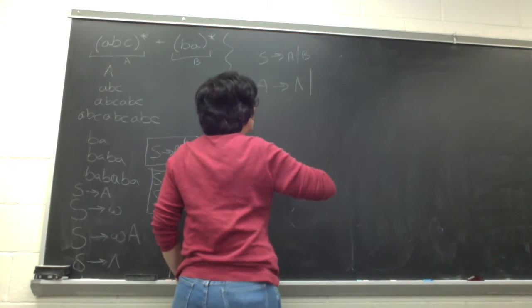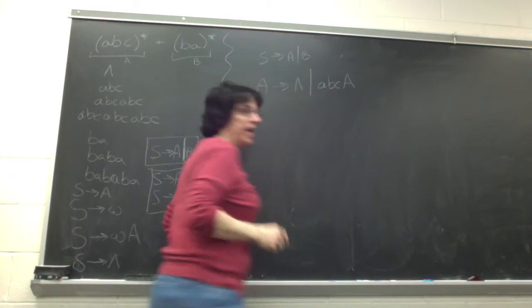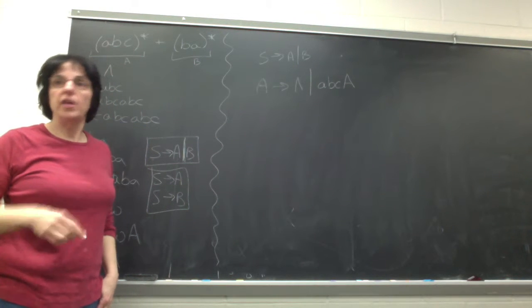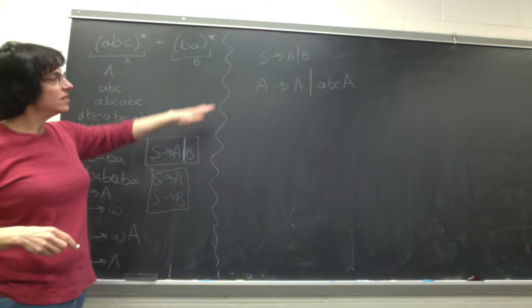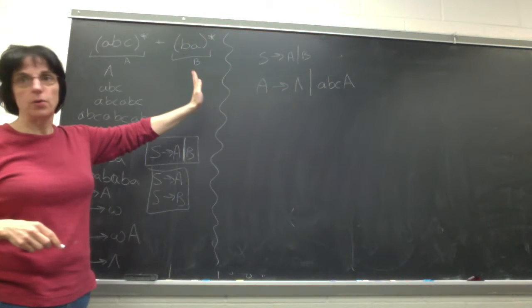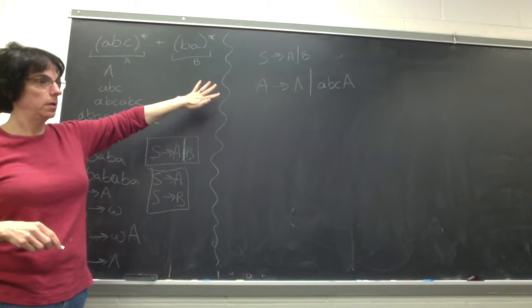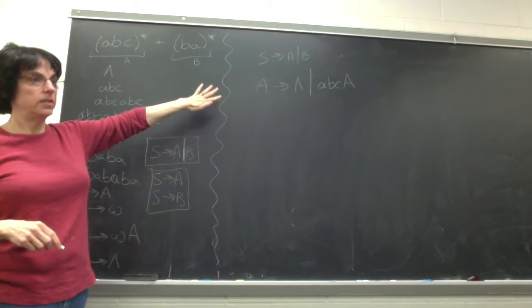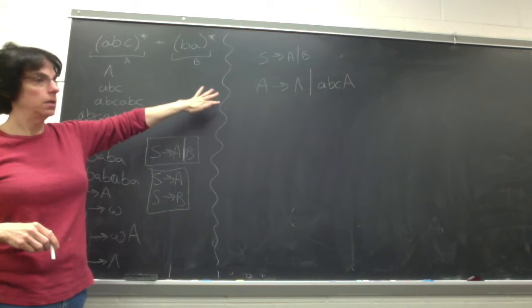Or we could have ABC followed by A, because then we could just have as many ABCs as we want. And that doesn't look regular because I put that OR bar there, but you remember I've now got 4 rules up there. Is everybody good with the idea that there's 4 rules on the board even though there's only 2 lines?